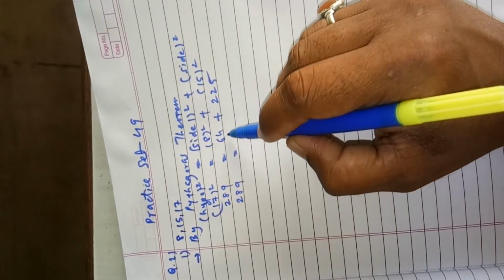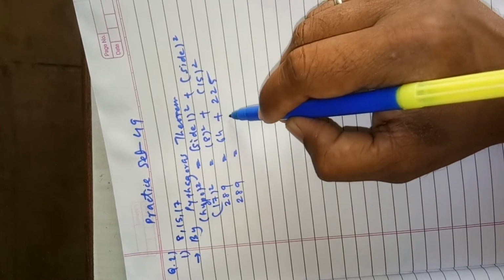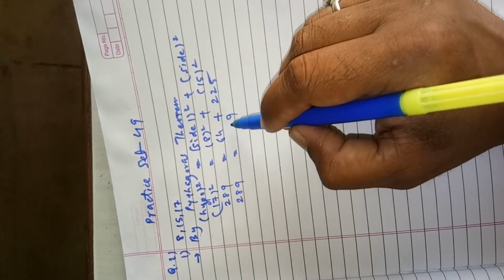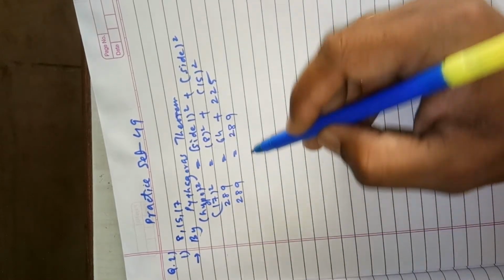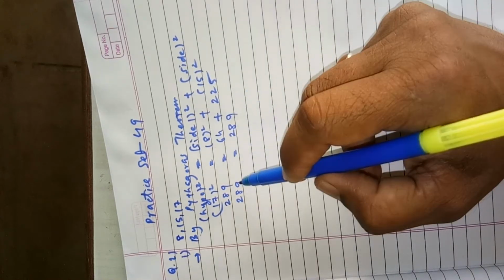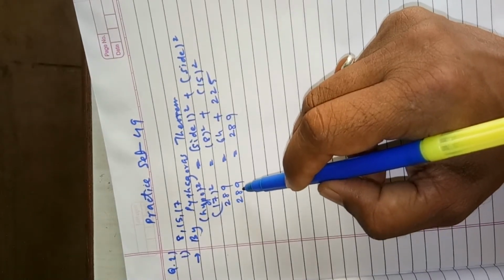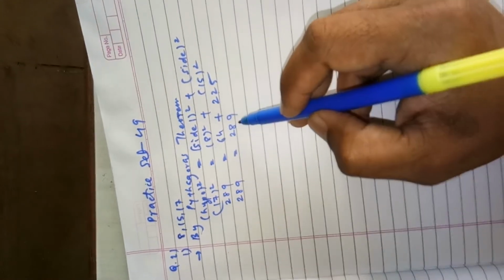Now see here, how much is 64 plus 225? This 5 plus 4 is 9, this 2 plus 6 is 8, and 2 plus nothing is 2. So you can see here hypo square is equal to side 1 square plus side 2 square, since 289 is equal to 289. So the condition is satisfied over here.